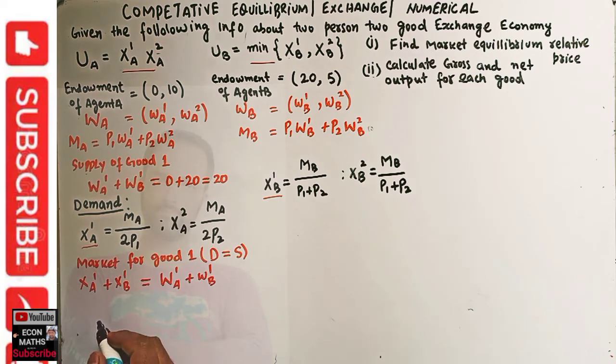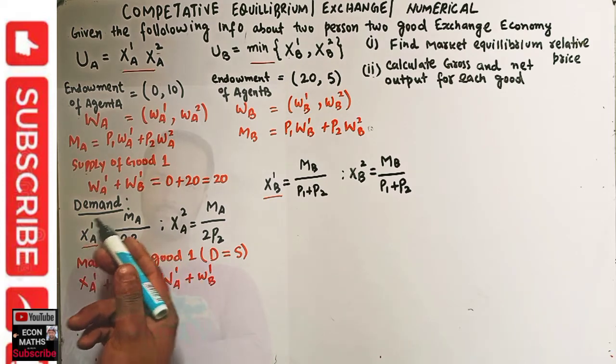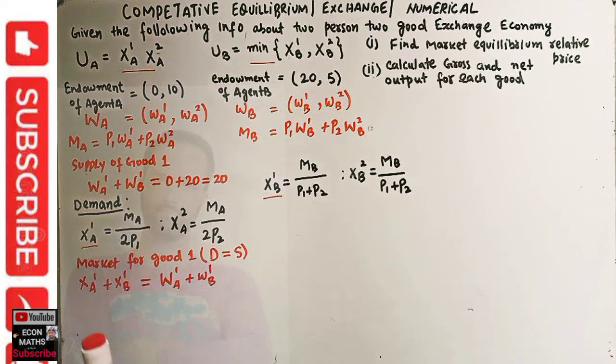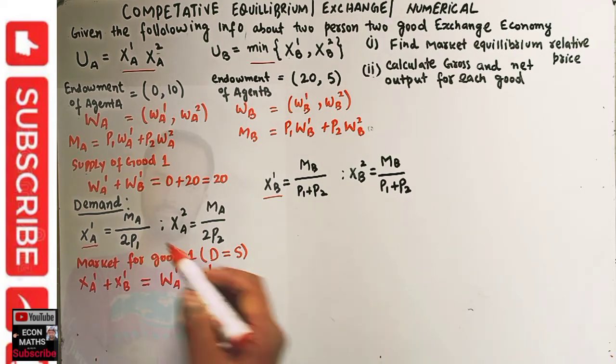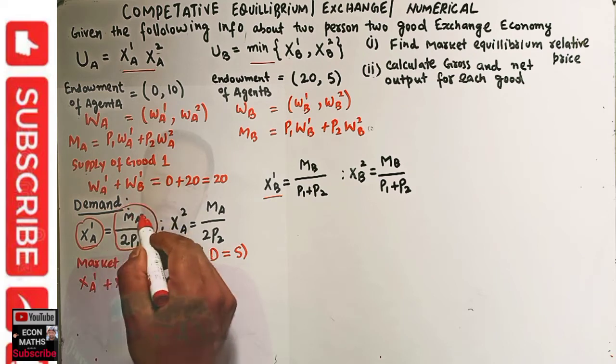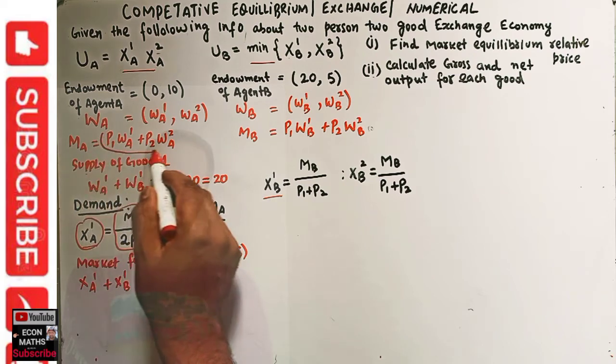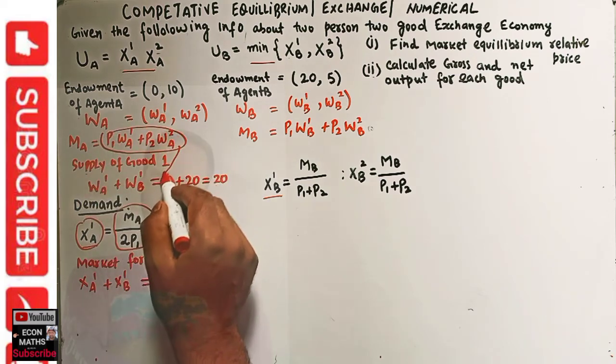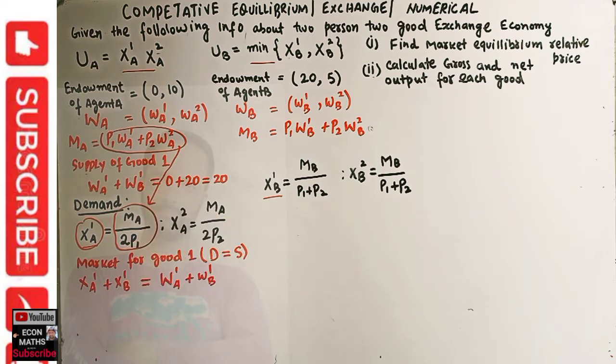So xa1 is this stuff. Let me write it here, I just want to save the space. So xa1 is this, and in place of MA we have this. Okay, I'm just trying to subsume two steps in one.